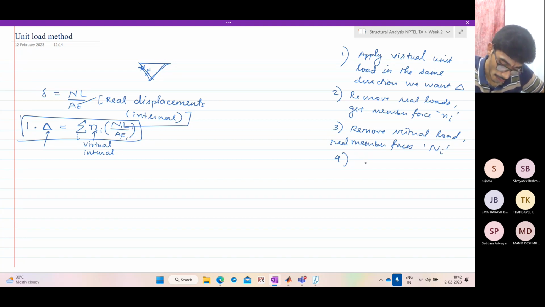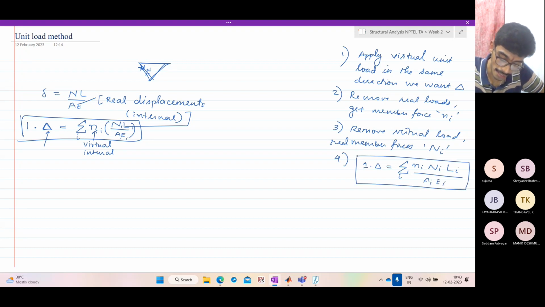So 1 times delta is equal to the summation over all members i of n i, capital N i, L i by A i E i. So this is just one step. Once you have solved for the virtual and the real internal forces, it is just one step to get the displacements. So this solves our problem.